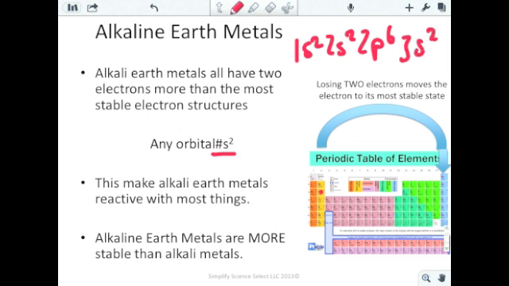Basically it loses 2 electrons, and when it does that, it looks like a noble gas. It has 8 valence electrons now, and it's happy. This makes the alkaline earth metals react with most anything. They are a little more stable than the alkali metals, so they're not as highly reactive, but the best way they can look like a noble gas is to lose 2 electrons.